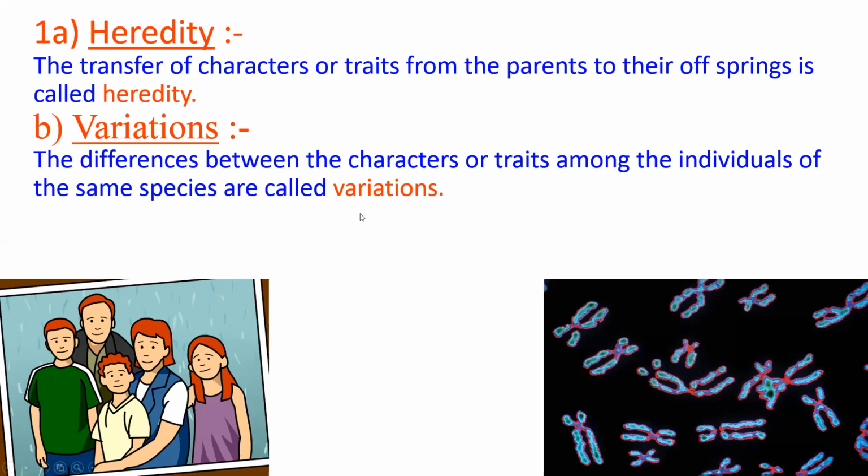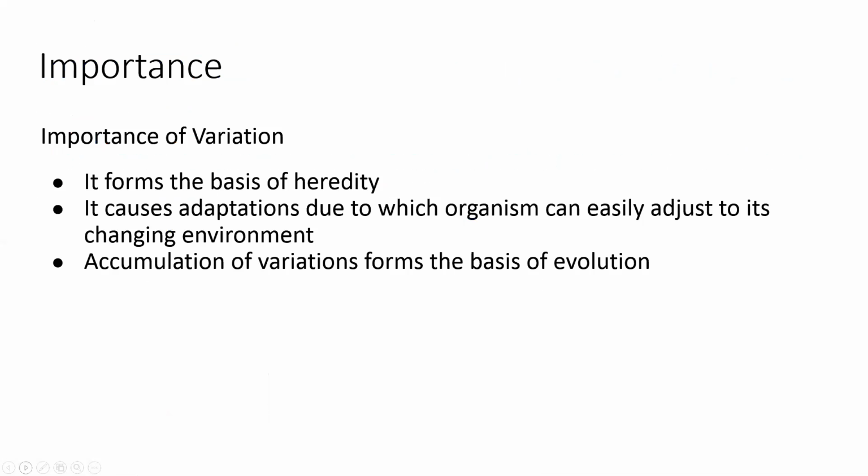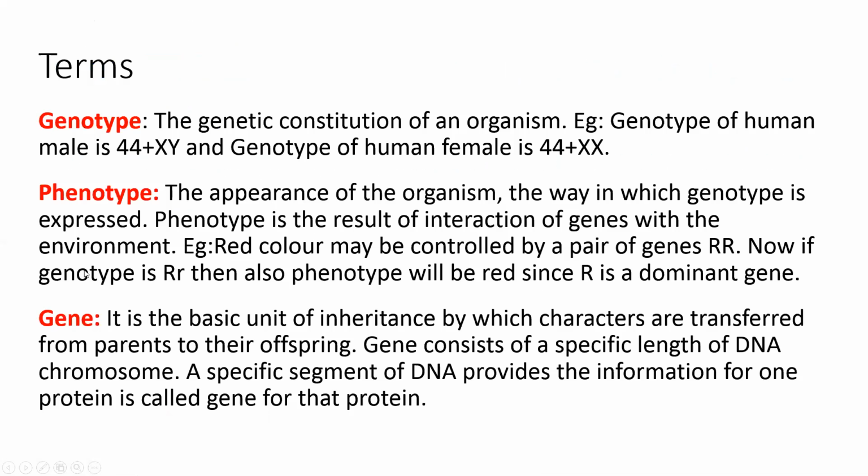Now there are a couple of terms that we should know before this. We'll come back to the importance. The terms are, first of all, genotype. The genotype is basically the genetic constitution of the organism. For example, this is a genotype, tall tall.